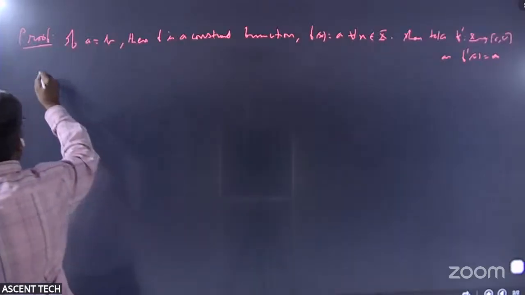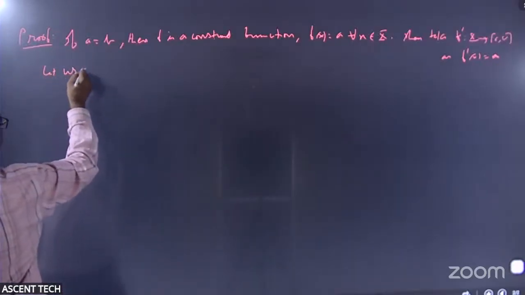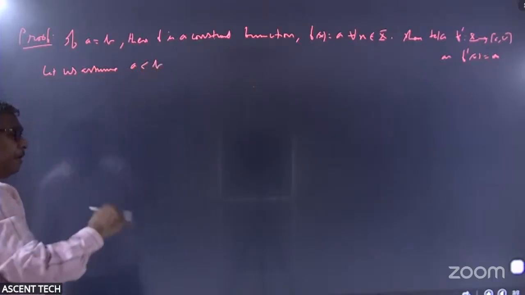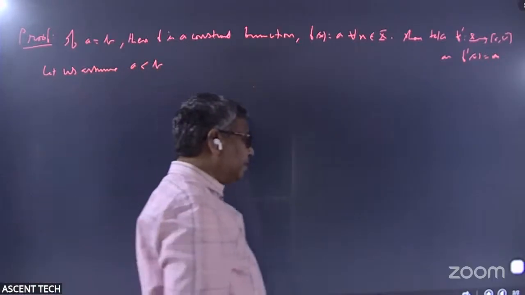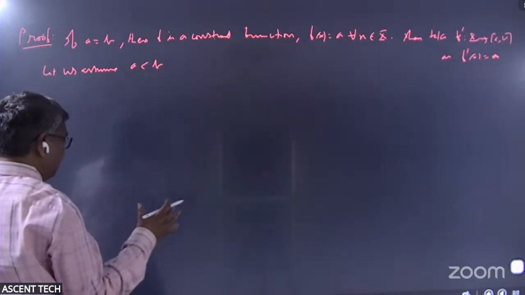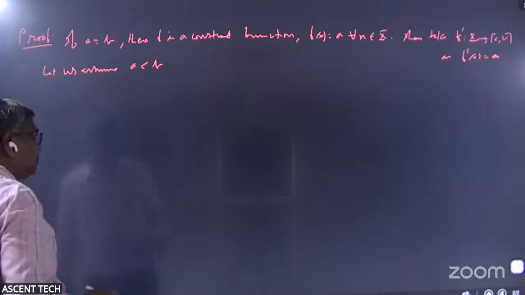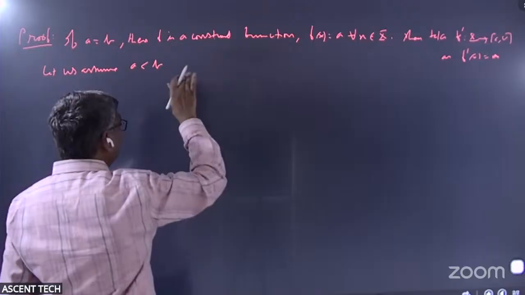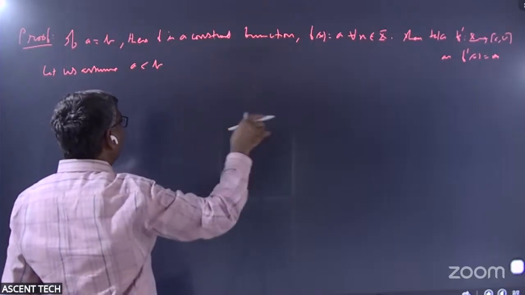So let's assume a is less than b. That means I want the function which has more values, not a constant function. And let [a, b] be the range of the function also. So [a, b] is the smallest closed interval which contains all the images of the function f.